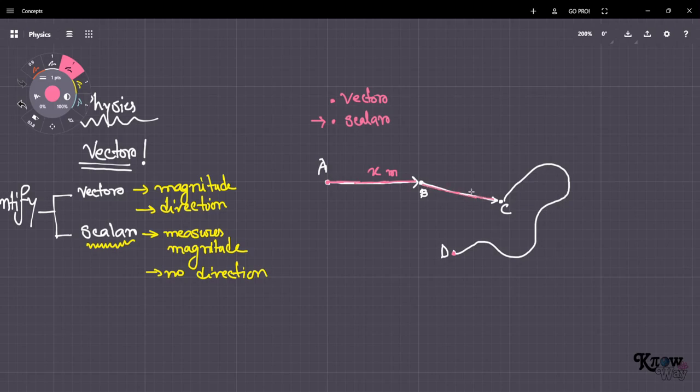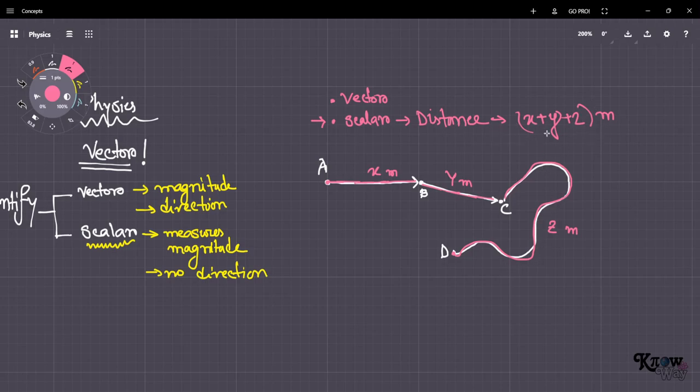From B to C, let's say Y meters. And from C all the way to D, let's say Z meters. So the scalar quantity, the distance that we crossed, will be X plus Y plus Z meters. We cross this whole distance, X plus Y plus Z meters, and that is completely true.